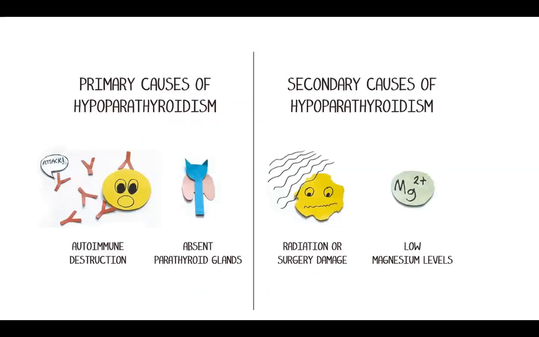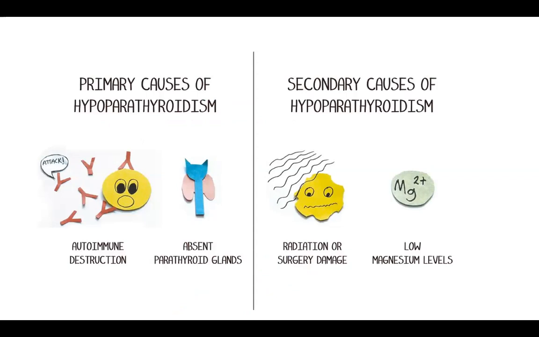So we could have primary causes of hypoparathyroidism, and we could have secondary causes of hypoparathyroidism. So how do we label these two? We will call it primary hypoparathyroidism if the disease is within the parathyroid itself, like because of some autoimmune destruction, the parathyroid gland is unable to perform its function, or it is congenitally absent.